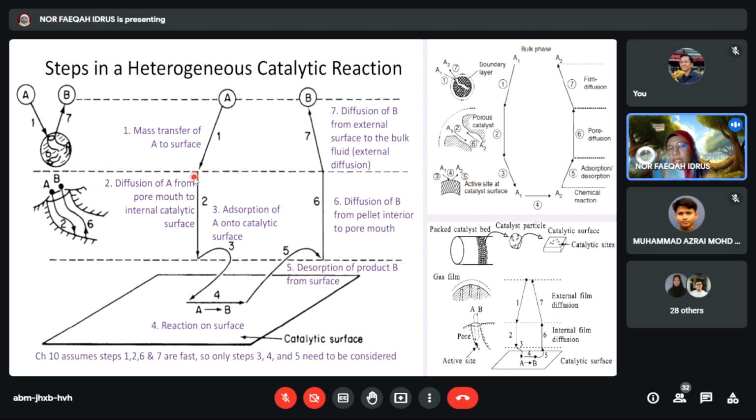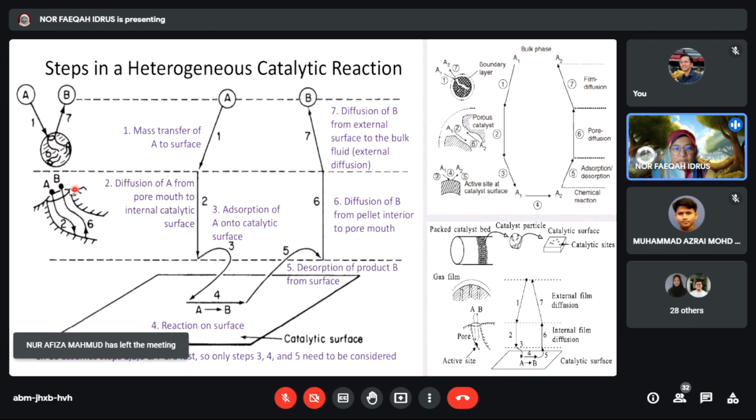Because the catalyst is porous, reactant A now will diffuse from the external surface to the internal catalytic surface of the catalyst. So, diffusion from the external surface to the internal surface via the pore mouth.